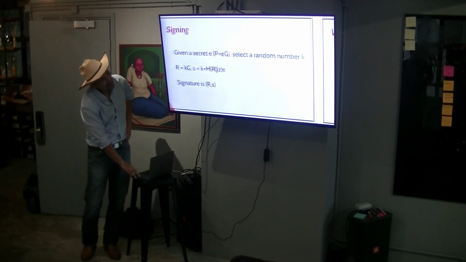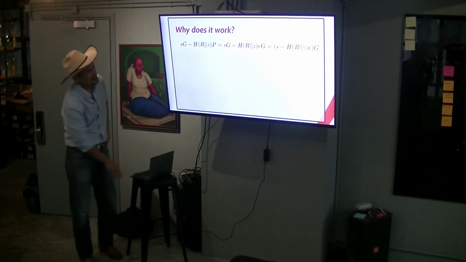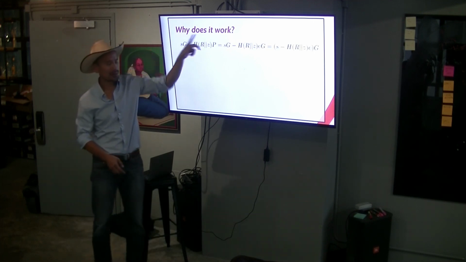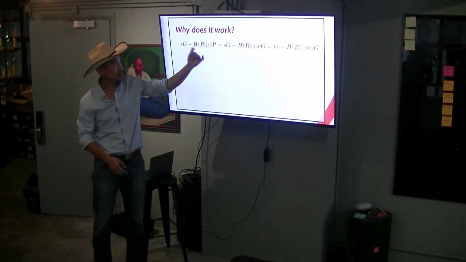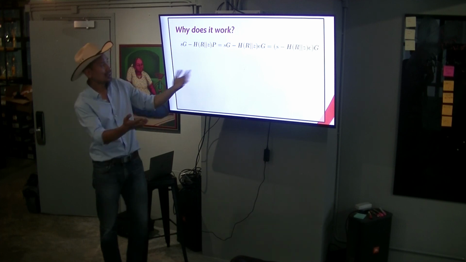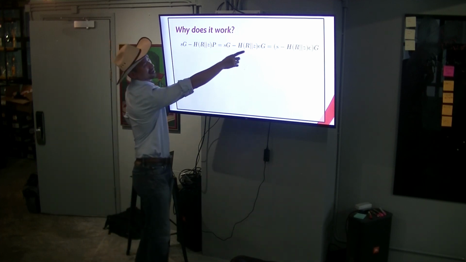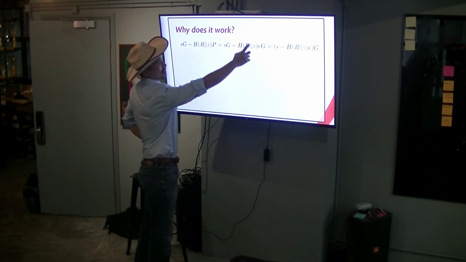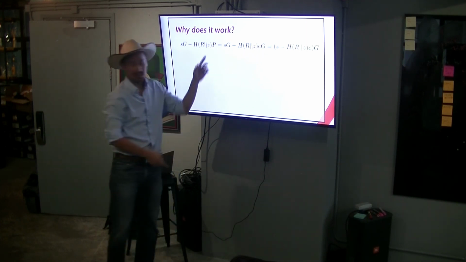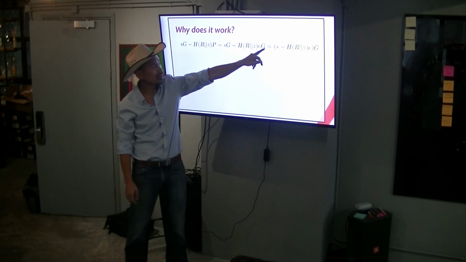And the reason why this works is because SG minus H, this is the formula from the verification, SG minus the hash of R, Z, and P, ends up being SG minus hash of R, Z, and P is the same as EG, right? Because that's a public key, and E is your secret, EG.